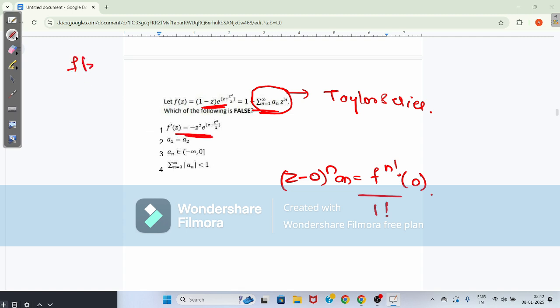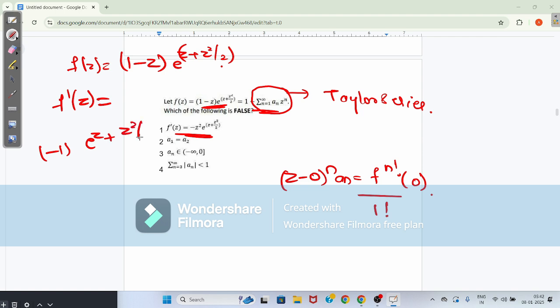So f of z is equal to (1 minus z) into e power (z plus z square by 2) here. Consider we have to find the value of f dash of z. What will we get? Minus 1 into e power (z plus z square by 2).